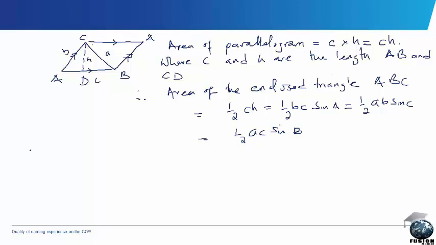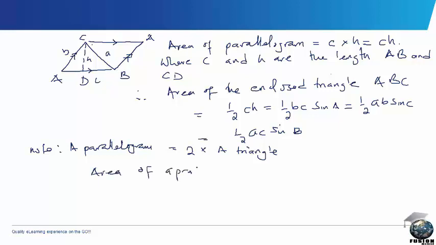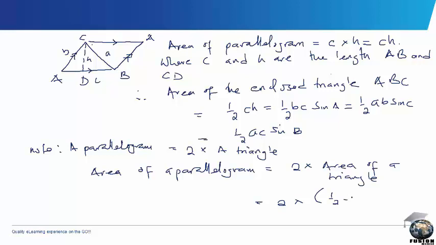Since a parallelogram is equal to 2 times a triangle, from the diagram we can also define the area of a parallelogram to be equal to 2 times the area of a triangle, which is as well given as 2 times half CH.